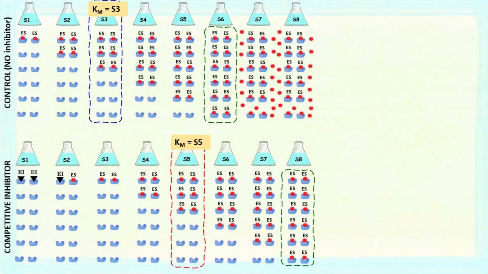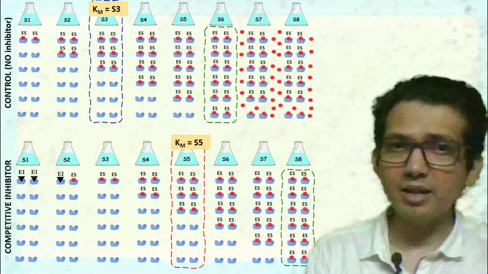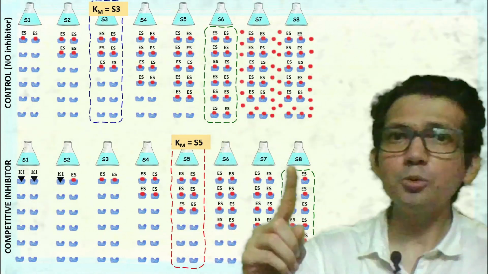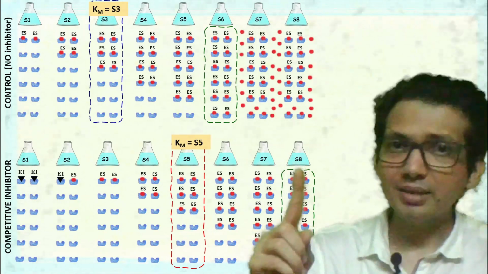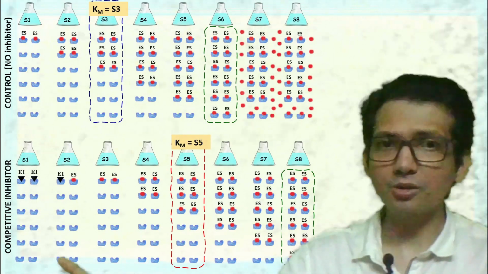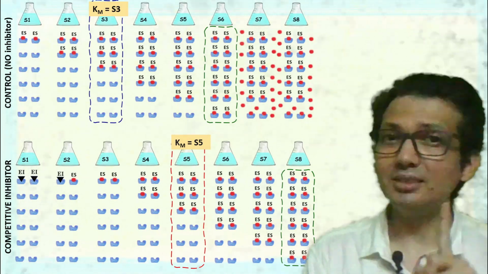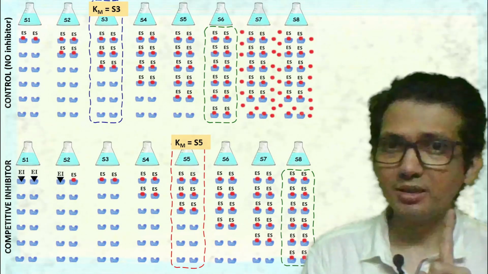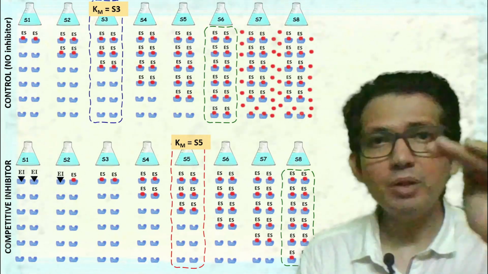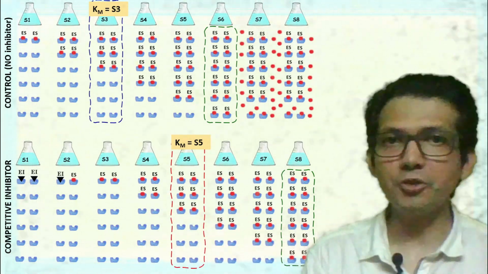So Vmax will be same in both the cases. However, if you notice carefully, then the substrate required to reach the Vmax has increased in presence of competitive inhibitor. Remember, the value of Vmax is unchanged, but the amount of substrate required to reach the Vmax has increased in presence of competitive inhibitor.